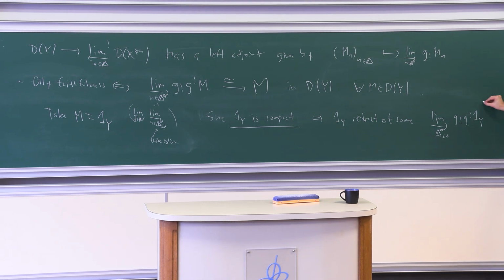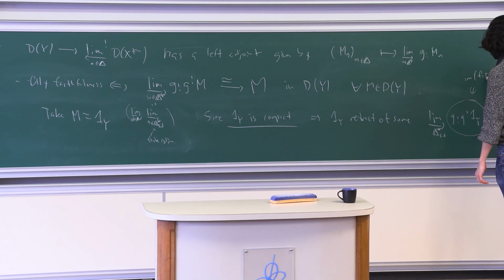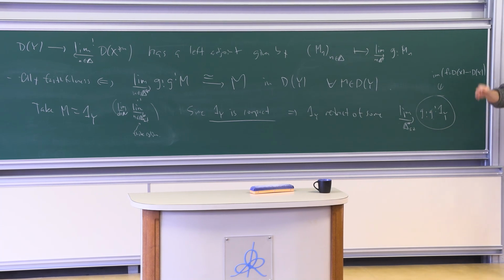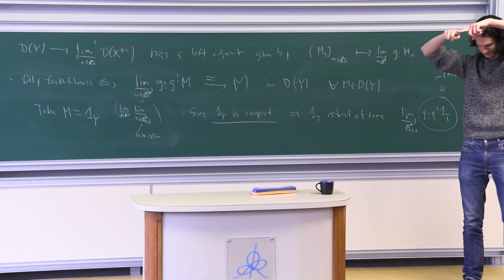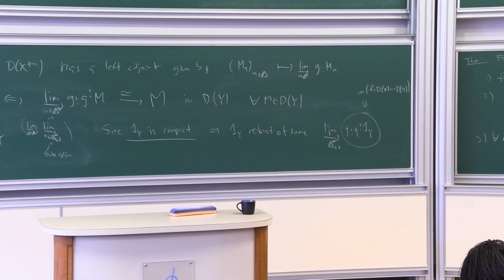But each of these lies in the image of f lower shriek from d of x to d of y. Because all of these structure maps G from these iterated fiber products, they all factor through d of x, mapping to d of y.